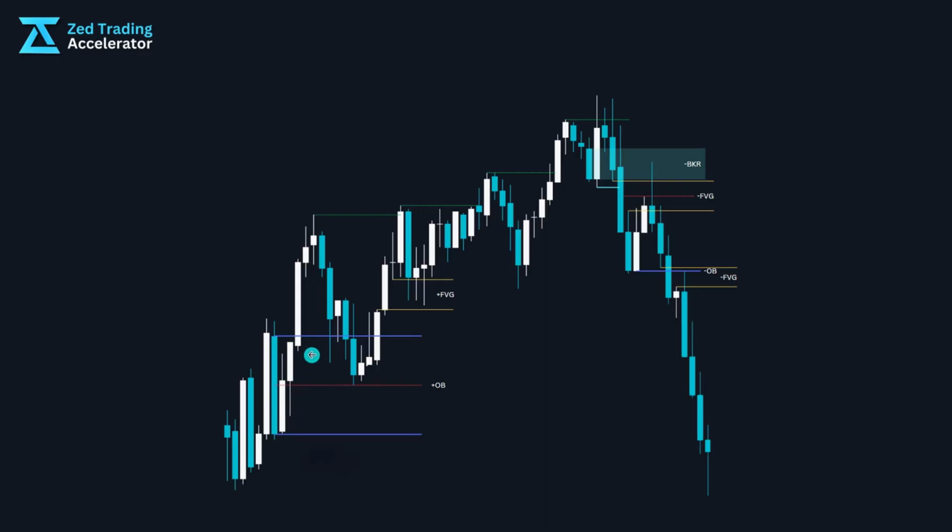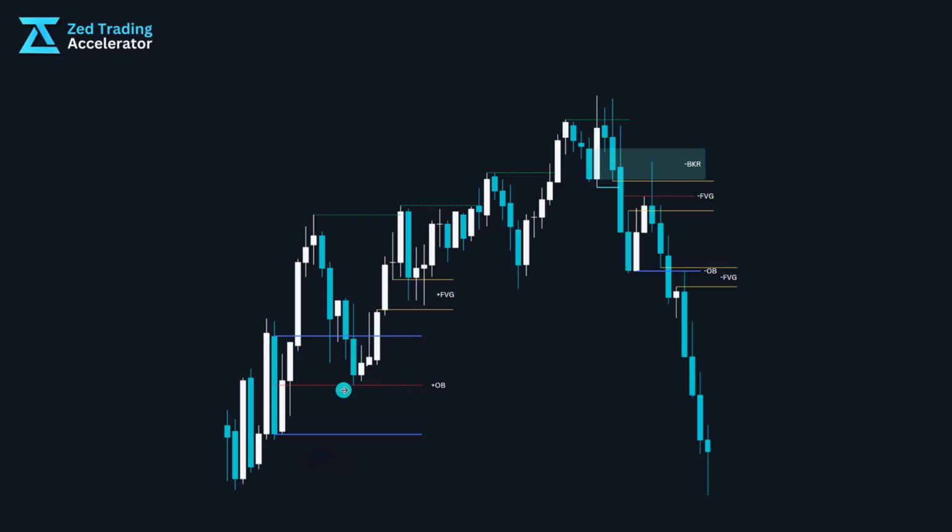And as we can see right here, price went up, retraced lower, initially finding support in this order block, went higher, but it went a little bit deeper into that order block. And as we can see right here, price beautifully respected this order block right here.